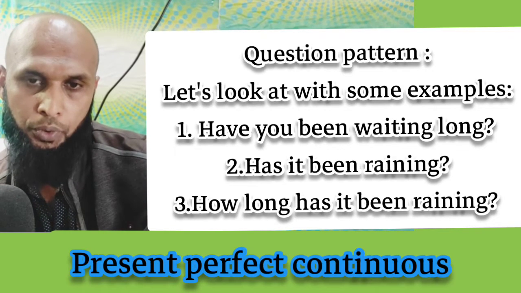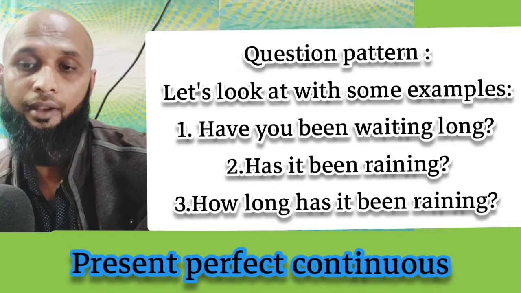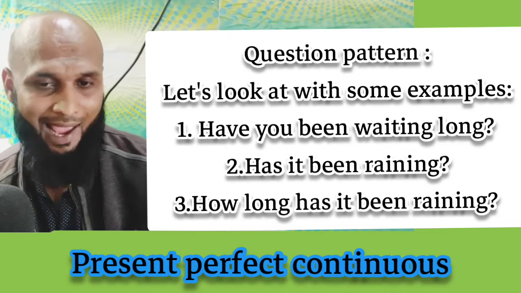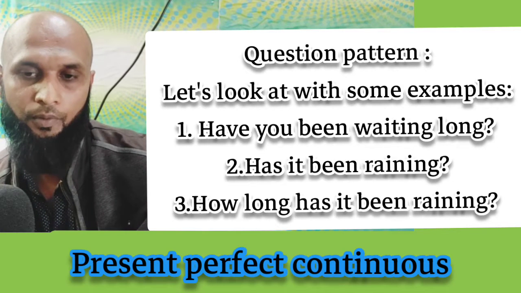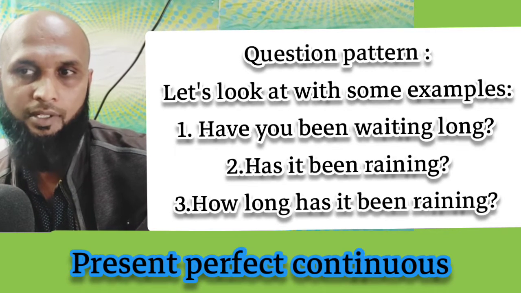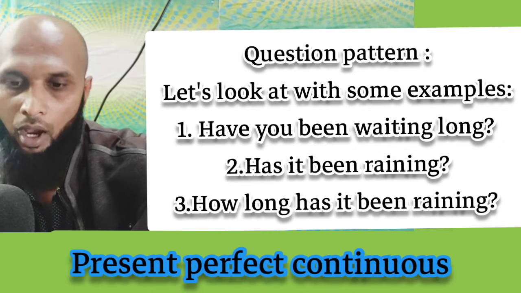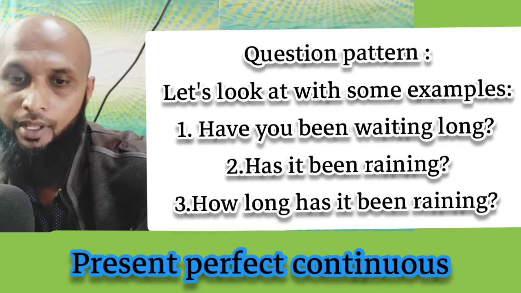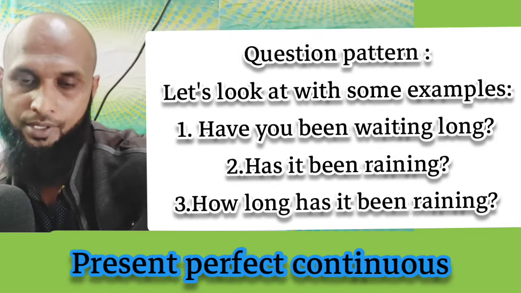And has it been raining? If you want to make a question, has it been raining? Or how long has it been raining? How long have you been waiting? This is the way that you are going to make use of present perfect continuous to make questions.